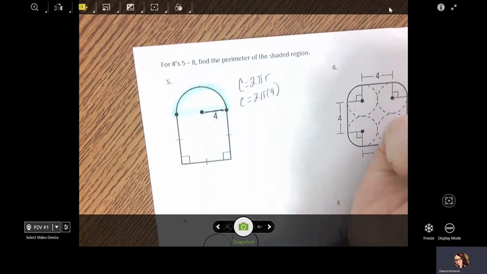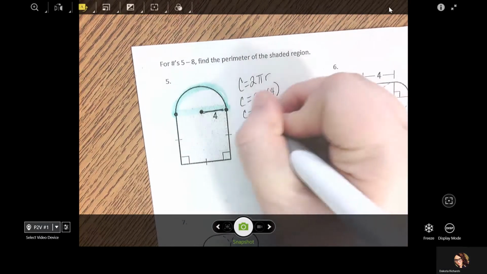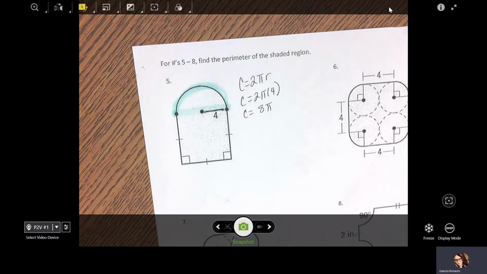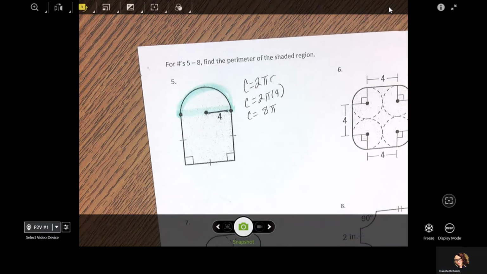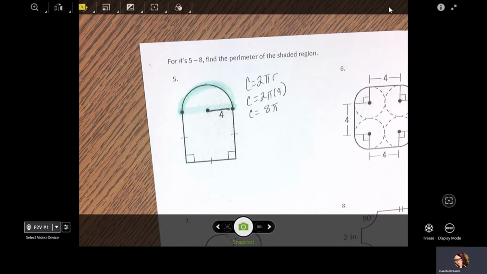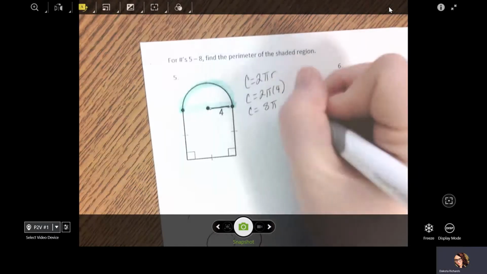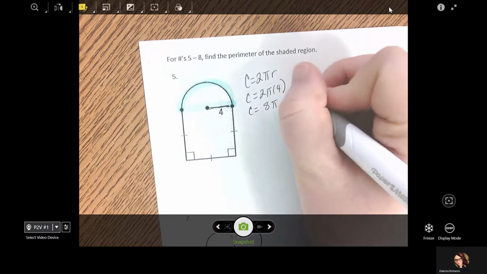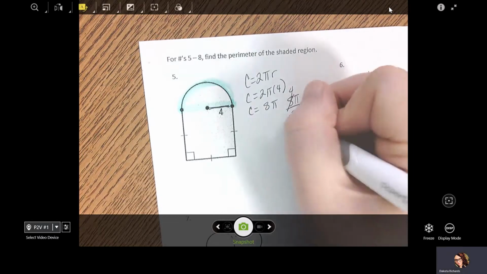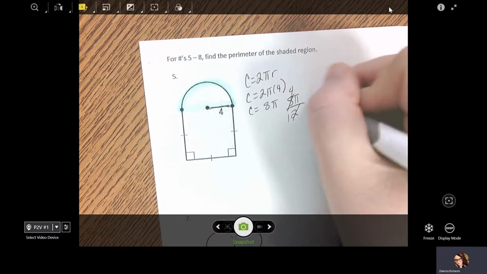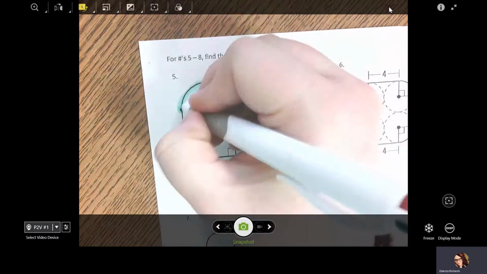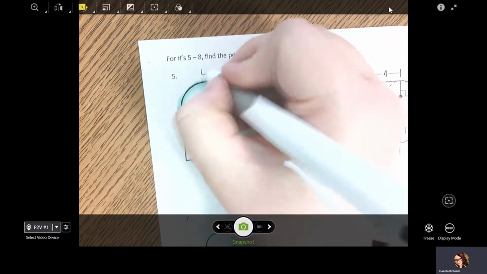So what's 2 times 4? So that, if that were a whole circle, the whole circumference would be 8 pi. However, we only have half of that. So you're going to take 8 pi, divide it by 2. 2 goes into itself 1 time. 2 goes into 8 4 times. So that is 4 pi. So this distance is 4 pi.